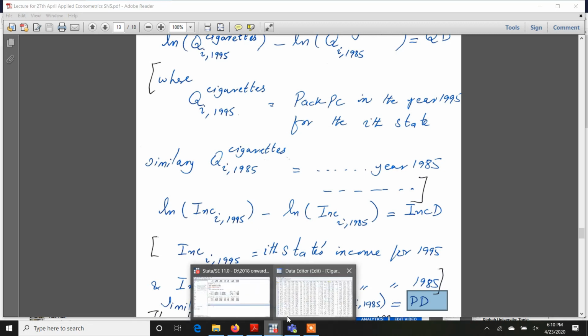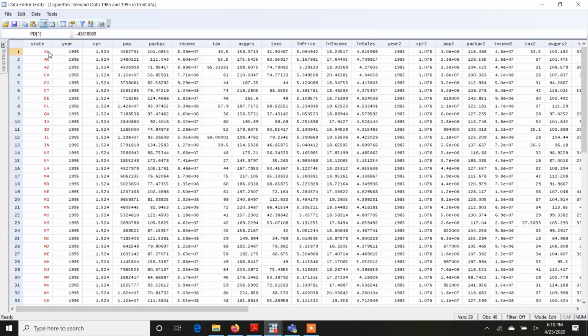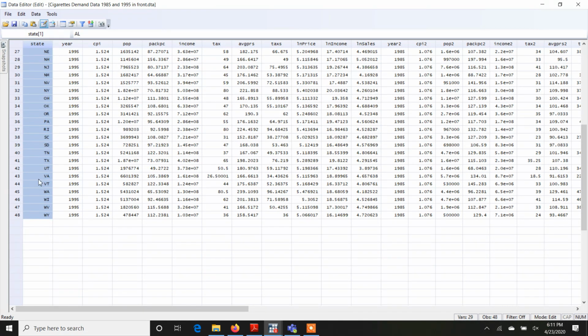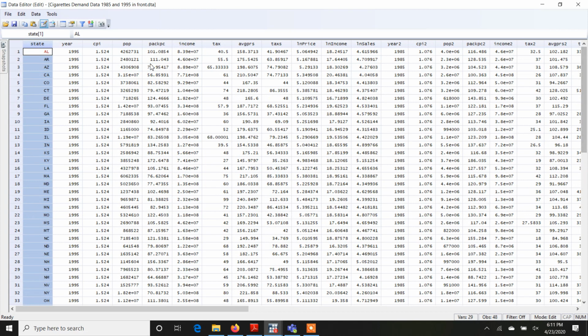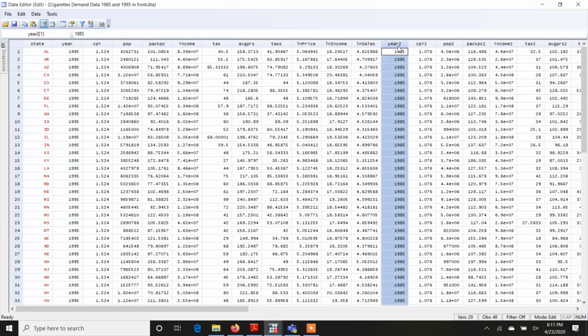For a little more clarity, have a look at the data file that I was mentioning. Let me scroll down. We have these 48 states of the US, and the data we have initially is all for 1995, and similarly we have the data for 1985 as well.